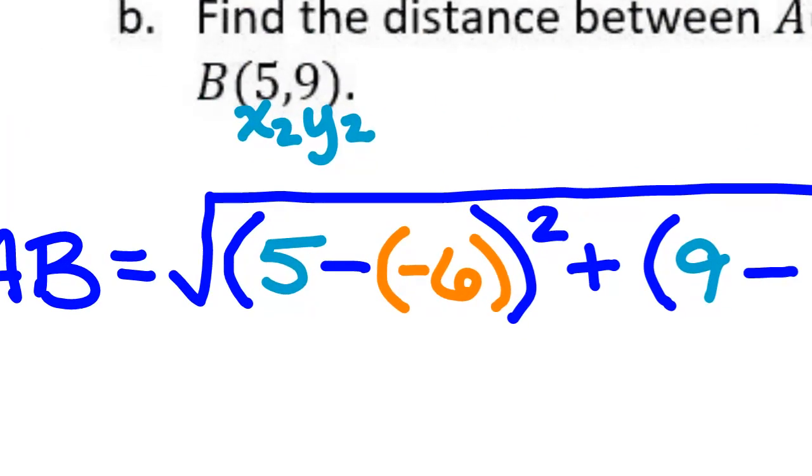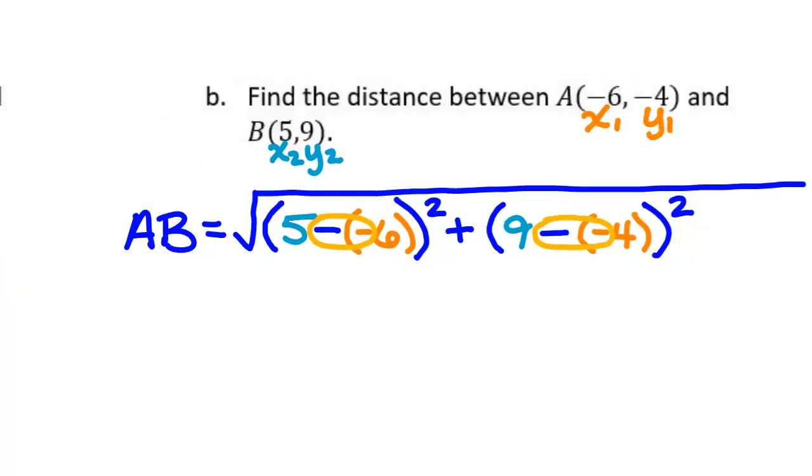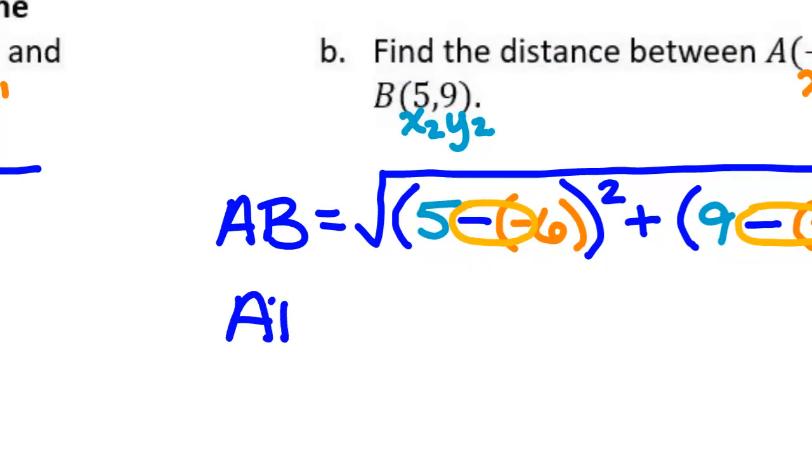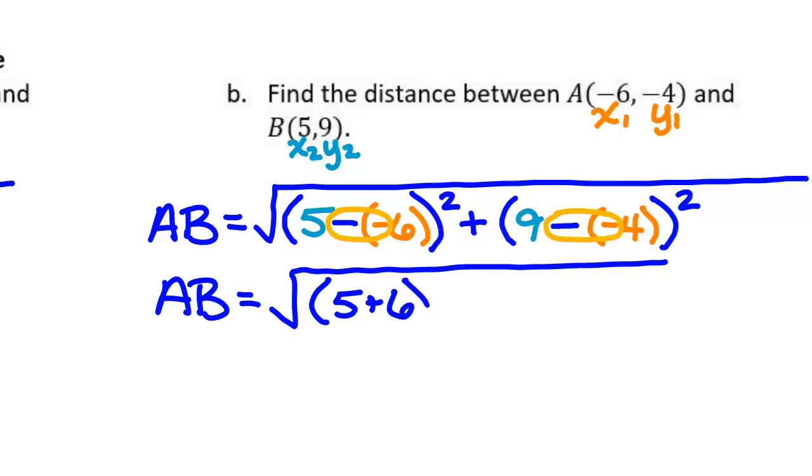Inside both sets of parentheses, we are minusing a negative. So what happens to both of those symbols? Turns to positive, turns to plus. So from A to B, I have this big long square root sign, and I have 5 plus 6 squared plus 9 plus 4 squared.